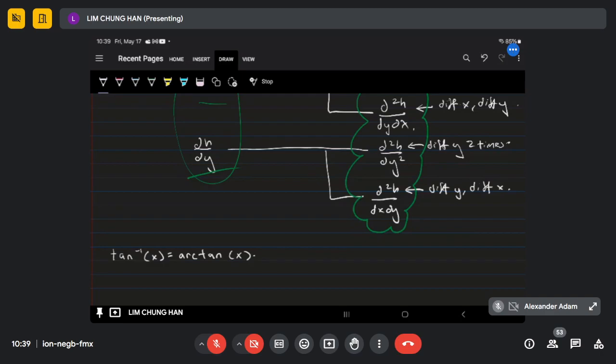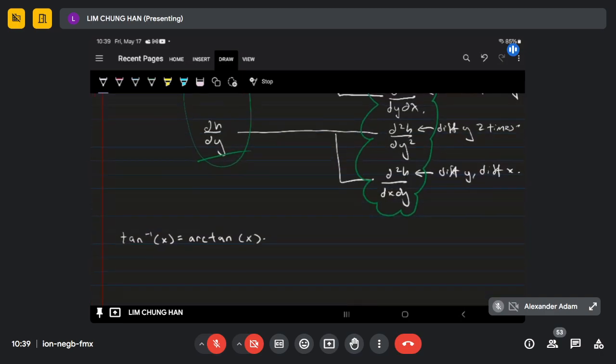So when you differentiate inverse of tangent x, you are differentiating arctan x. What do you get? You basically get 1 over 1 plus x squared.